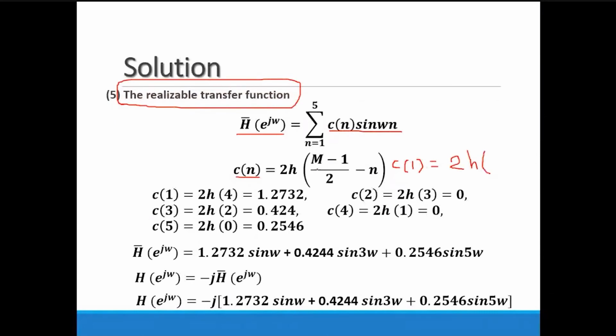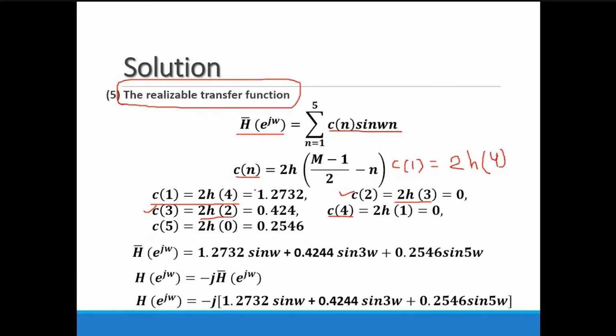Here m has value 11, 11 minus 1 is 10, 10 by 2 is 5, 5 minus 1, so here you get the value 4. So the C1 coefficient is nothing but twice the H4 coefficient. Whatever H4 coefficient you have calculated, take that coefficient, and twice of that will give you this C1 coefficient. Similarly, you calculate C2, that is twice of H3, C3 twice of H2, C4 twice of H1, and C5 twice of H0.